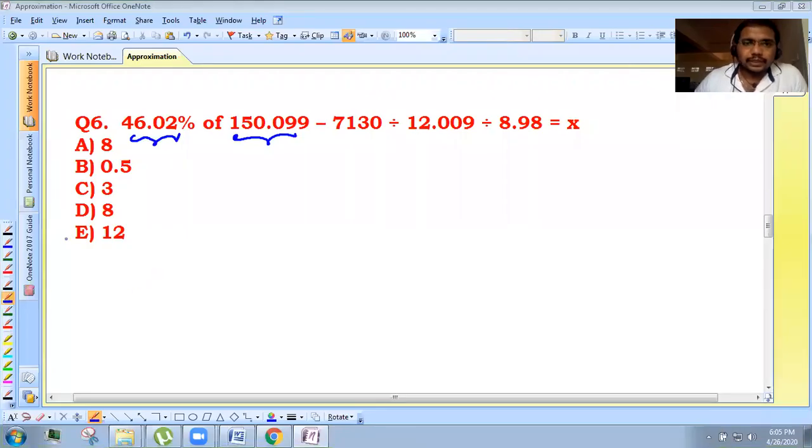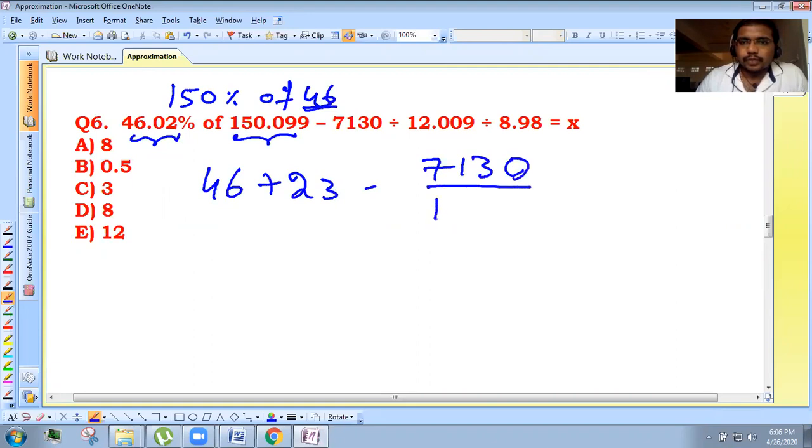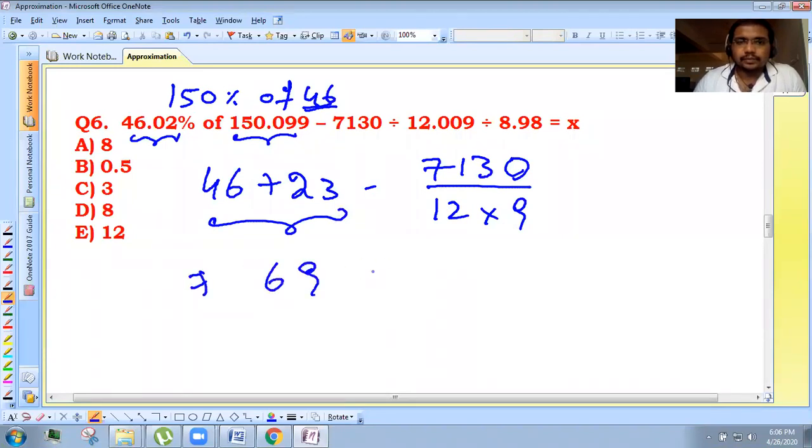If it is 150 percentage of 46, 100 percentage is 46, plus 23, minus 7130 by 12 into 9. 46 plus 23, 69, minus this is 108.